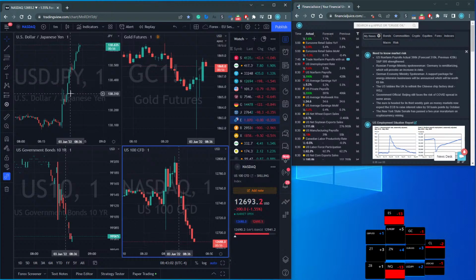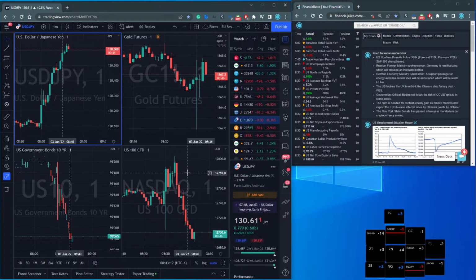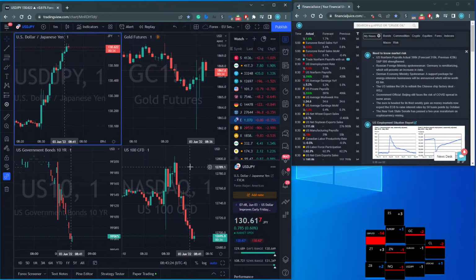The dollar yen is flying after that bit of data still. But as I said, inflationary pressures are the key things to keep an eye on for non-farm. You could be right, and actually saying that with the employment data, now that the economy is growing at a robust pace, the Federal Reserve has their expected rate hikes.